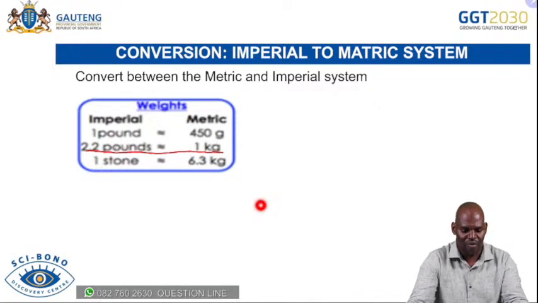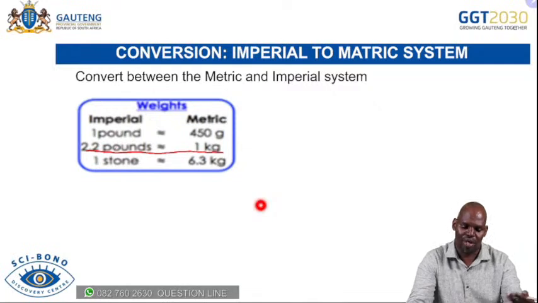Then there's another conversion factor there. 1 stone is equal to 6.3 kilograms. It means if you happen to be in USA and then you hear somebody saying 1 stone, you must know that 1 stone is more or less 6.3 kilograms.